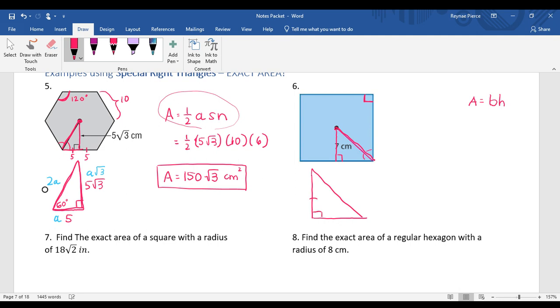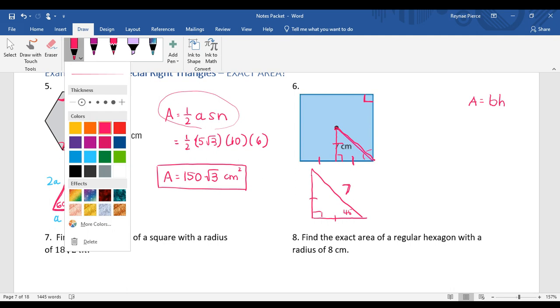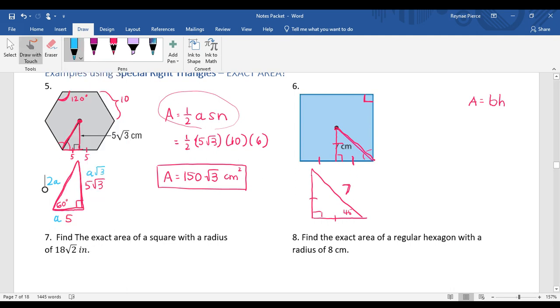So here our radius is 7 centimeters. Our apothem and that portion of the side are congruent, but also remember that the apothem bisects the side. In our 45-45 pattern, we've got our a radical 2, which means that we need the length of our legs here.